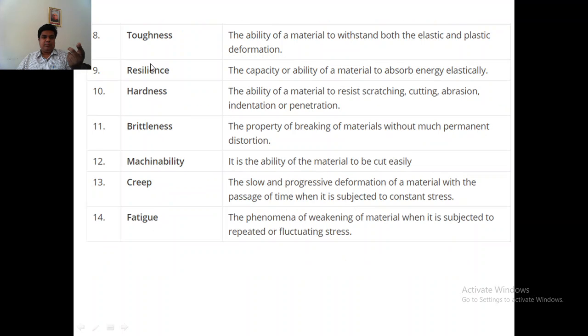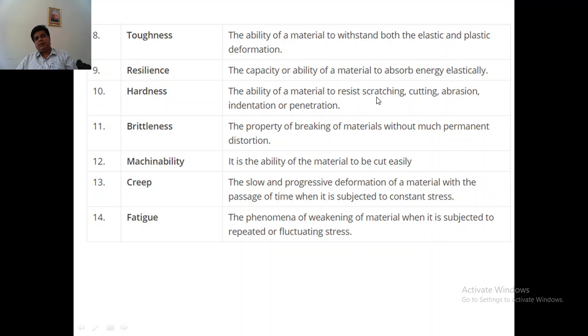Whereas brittleness is related to elastic deformation, where the plastic deformation is not much. And toughness is related to both elastic and plastic deformation. It is how much energy the material has the capacity to withstand under elastic and plastic deformation. And similarly, we have hardness.